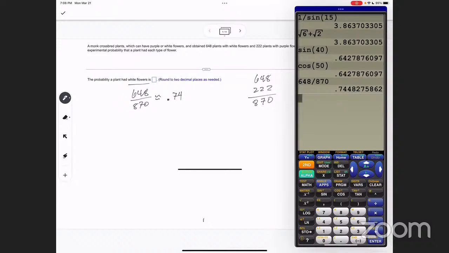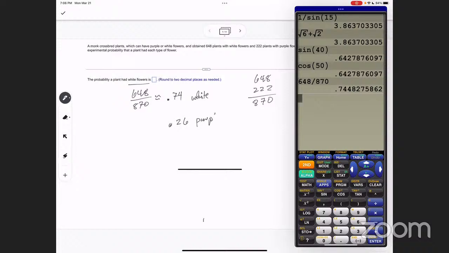And so the other one would just be, do you know what the other one would be? You'd have to divide 222 by 870. You actually don't even have to divide it. You know that they have to add up to 1. Oh, so it would be point two.